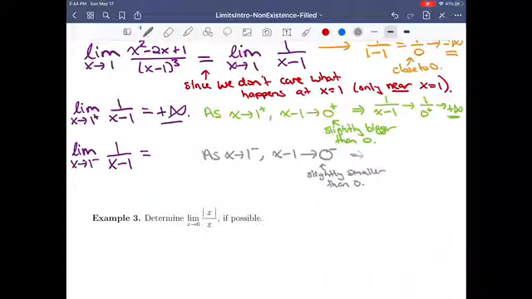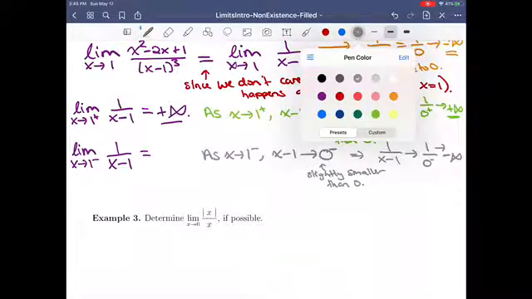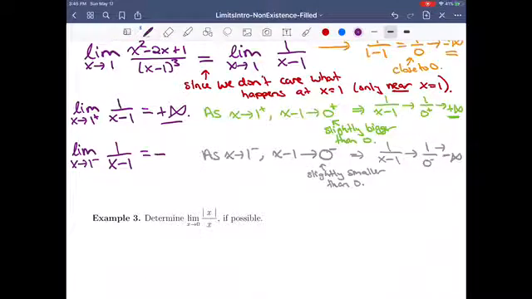So now, when I do 1 over x minus 1, I'm taking the number 1 and dividing by a really small negative number. So I have a positive number divided by a negative number. This is going to give me a negative number. So this value is going to be going to negative infinity. So that means that this limit is negative infinity.